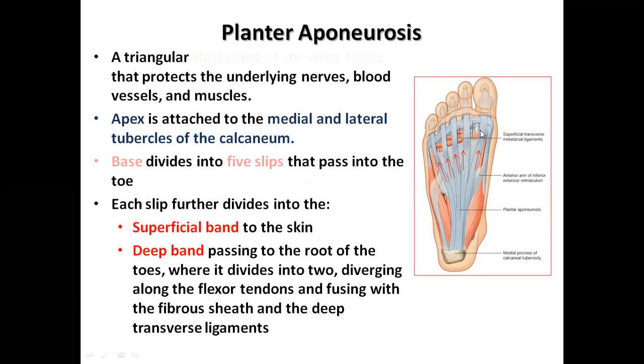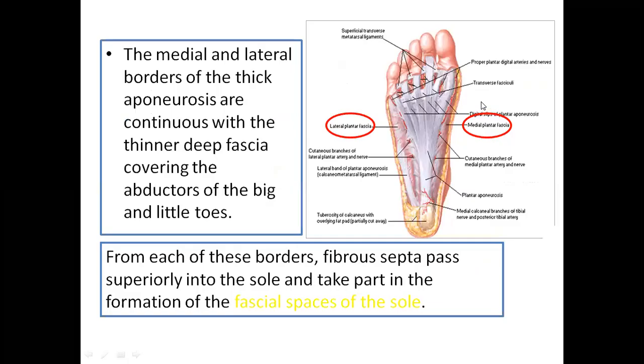The superficial band goes and merges with the skin, whereas the deep band passes to the root of the toes, where it divides into 2, diverging along the flexor tendons and fusing with the fibrous flexor sheaths and deep transverse ligaments that we see in the digits.